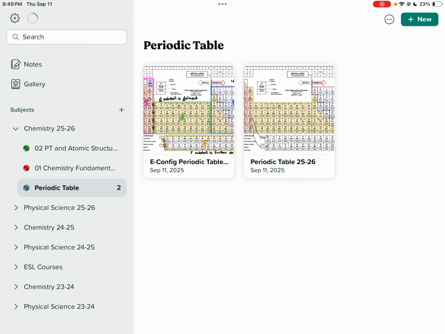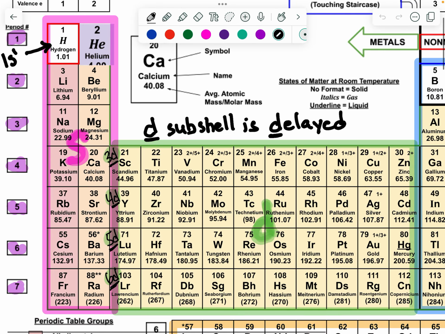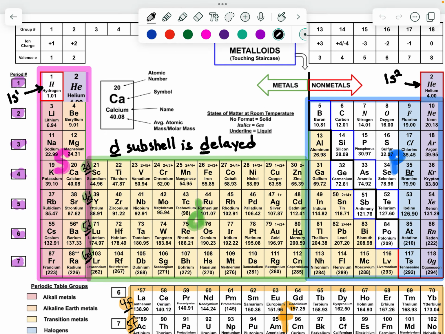So I'm going to go look and I'm going to say, oh, I got stuck. I have to look and see, okay, I have my 1s2 here. I have my 2s2 here. Oh, yeah, I go to the 2p's. So that's 2p6 at neon. And then it's 3s2. Then it's 3p6. And then it's 4s2, and then I get into the D's, which are 3d.